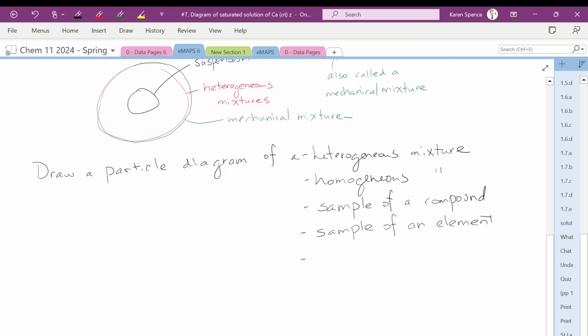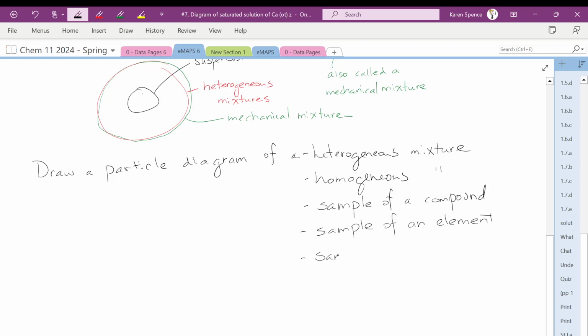A sample of a pure substance. And I'll leave it there. Now, if you can say two of these are the same thing, then you can just leave it alone. You can just say, okay, I've already done that one. It's the same thing. So try.